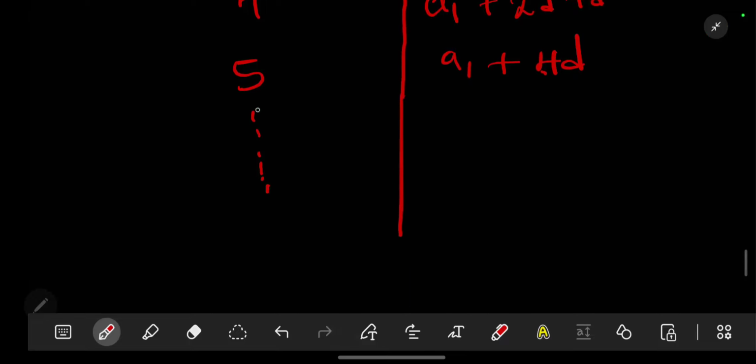Here we can have 5, 6, 7, 8. Then you just say the nth term will be A1 plus, whatever term you have, minus 1, times D.